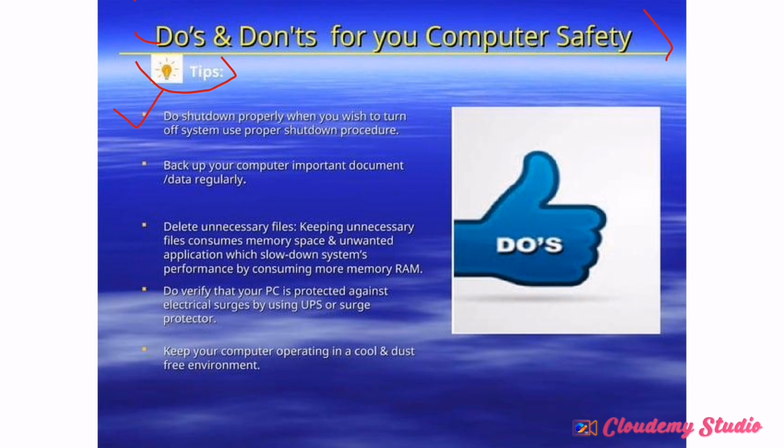Do shut down properly when you wish to turn off the system. Use proper shutdown procedure. What does it mean? I'll repeat. Do shut down properly when you wish to turn off the system.